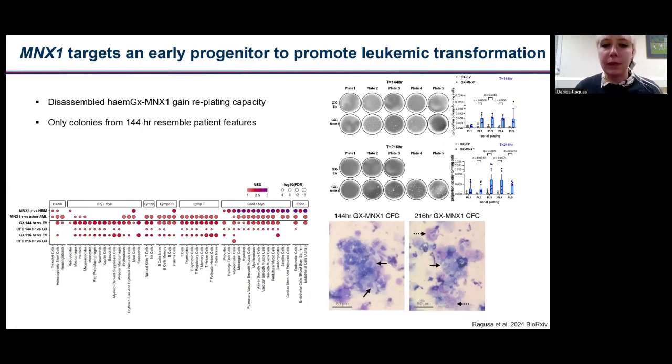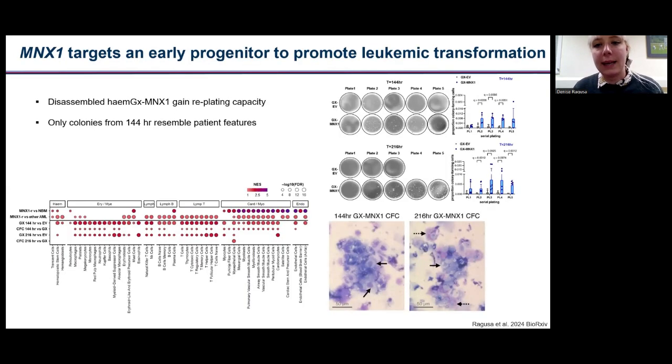Again, fully understanding how MNX1 might be acting in different contexts. So again, the capacity to transform is still maintained, but the resemblance to patients' features is lost.